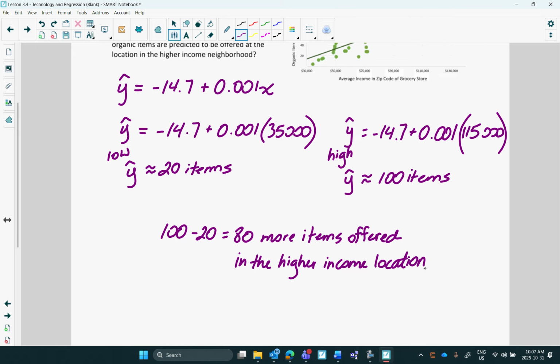So in this new low income store, there's only 20 items, but in the high income store, there's 100. Zara? I would say it's discrimination in the way that it's not offering them healthy options, which kind of goes hand in hand with obesity rates. If there were some statistics on the obesity rates in each state, I'm sure that was shown. So it's kind of just not fair. And I think that would be the common opinion.